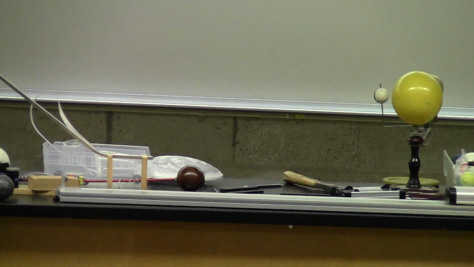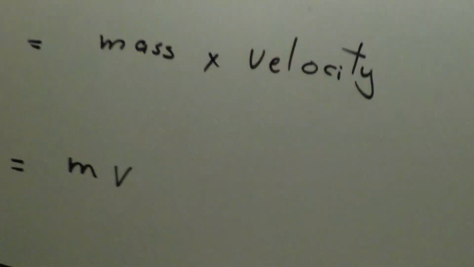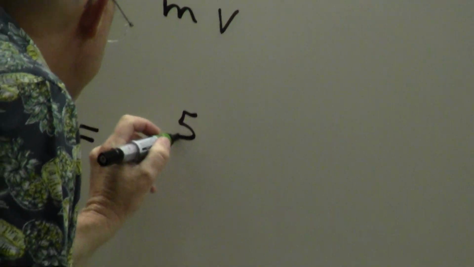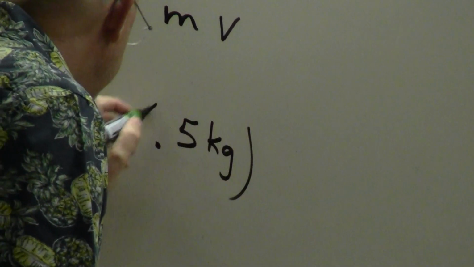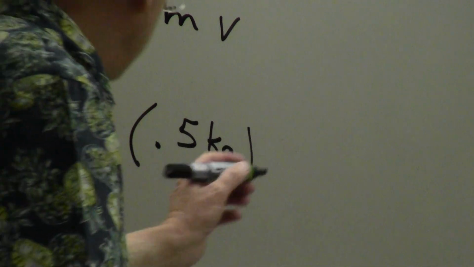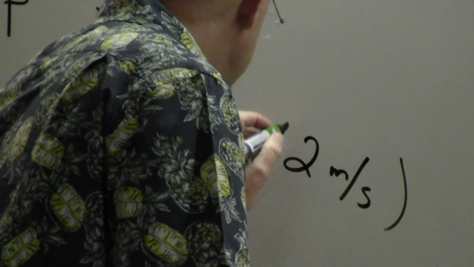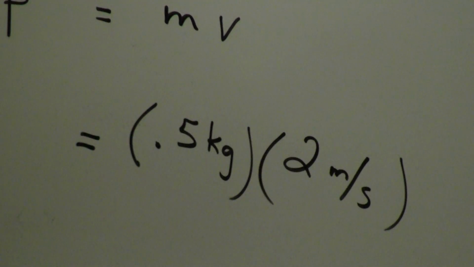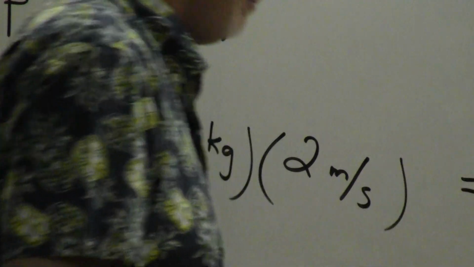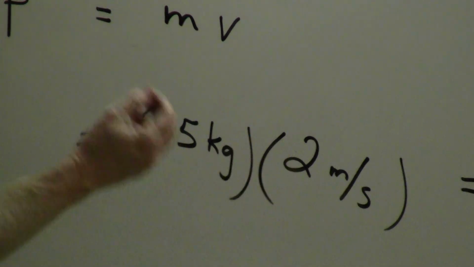So if I came over here and said, okay, what was the momentum before it crashed in over there, I would say, okay, the mass is 1/2 kilogram. Its speed, or I should say velocity, is 2 meters per second. And if I multiply those together, and I pick some easy numbers so I can do it in my head, 0.5 times 2 is 1.